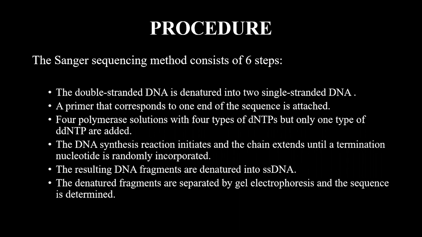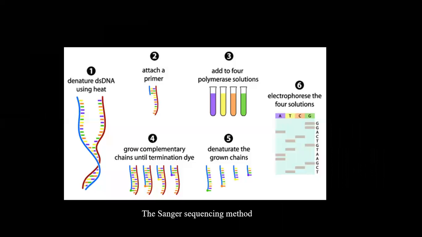Then the DNA synthesis reaction is initiated and the chain extends until a termination nucleotide is randomly incorporated. The resulting DNA fragments are denatured into single-stranded DNA again. Then the denatured fragments are separated by electrophoresis and the sequence is determined.